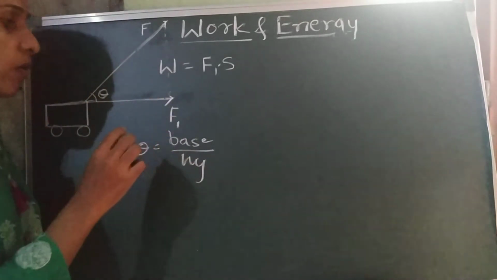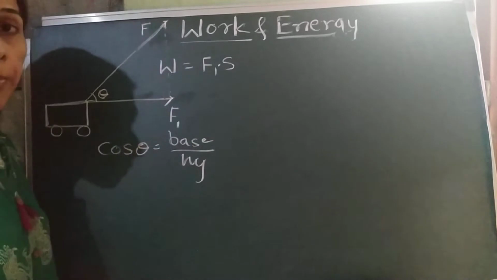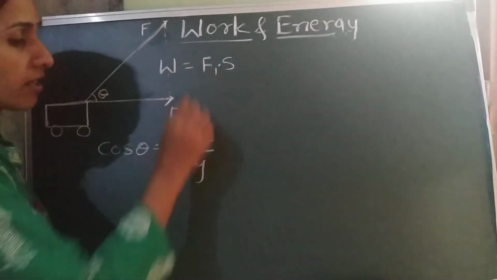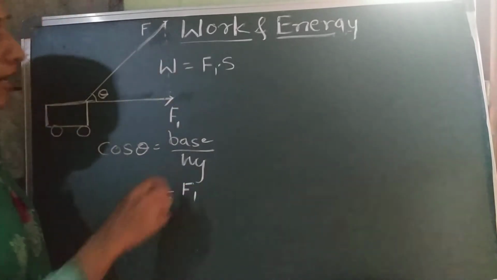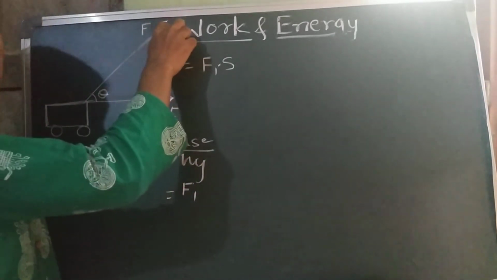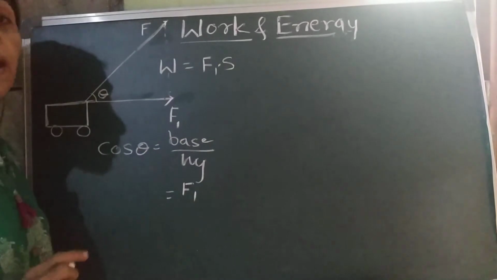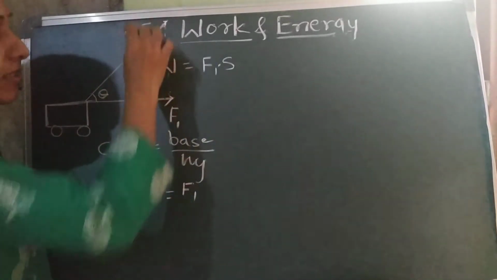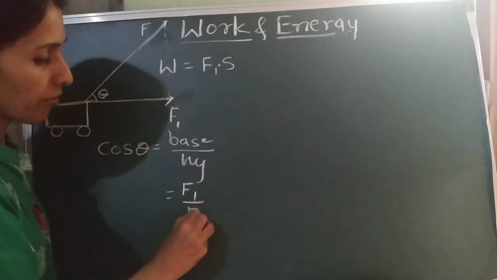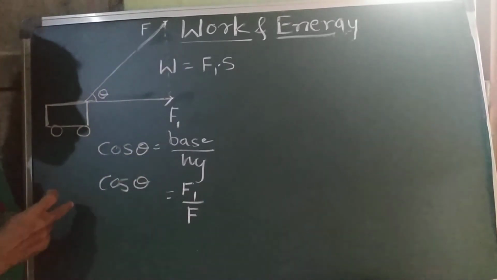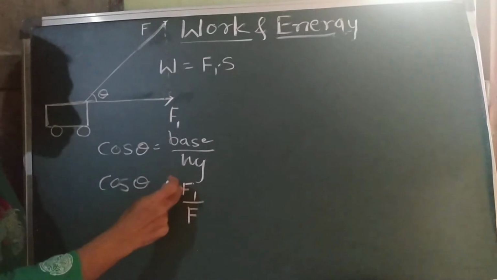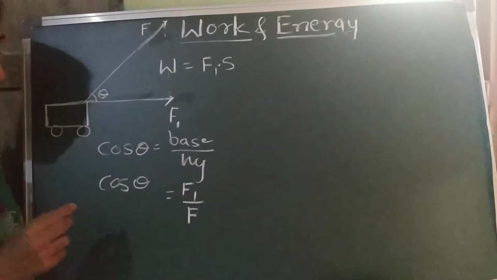What is the base here? The base is F1, and the hypotenuse is the actual force applied by the kid, that is F. So cos theta is equal to F1 upon F.